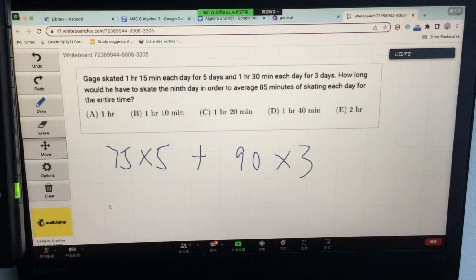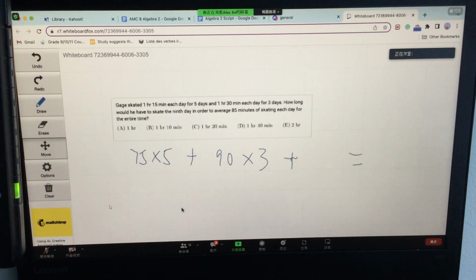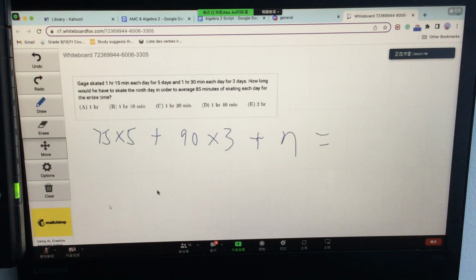And on the 9th day, she skated for, let's just say, n minutes. That is a total of 645 plus n minutes skated.